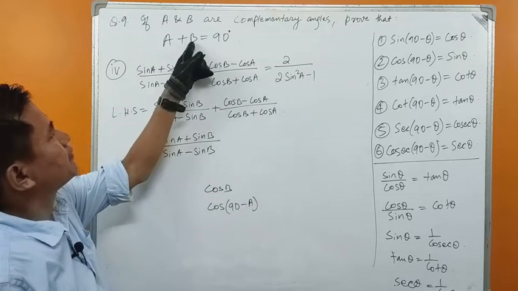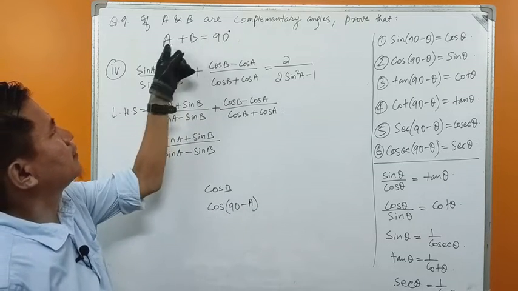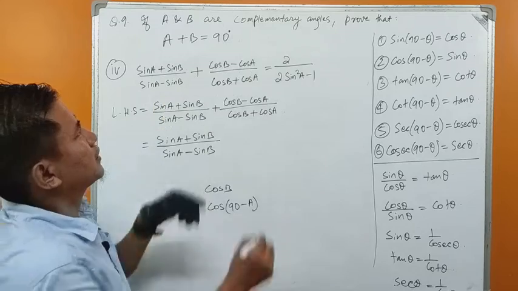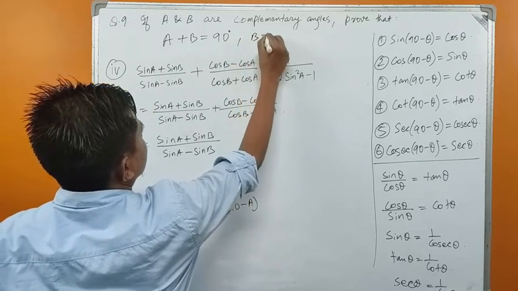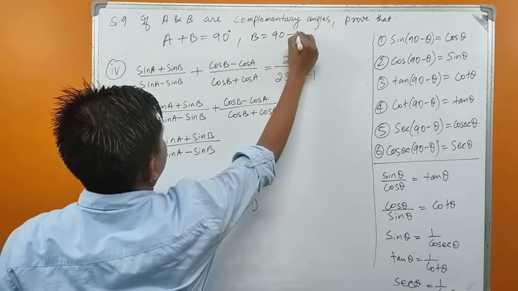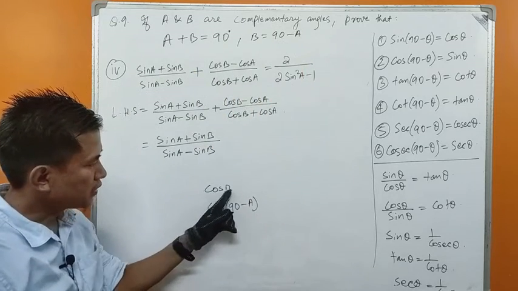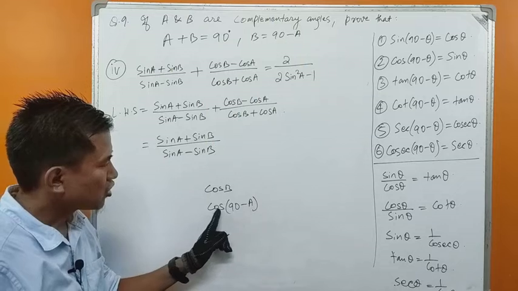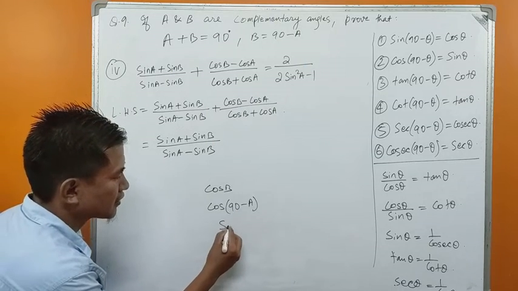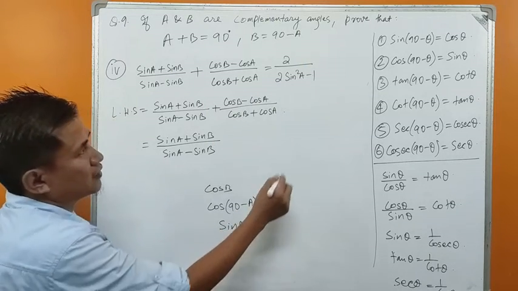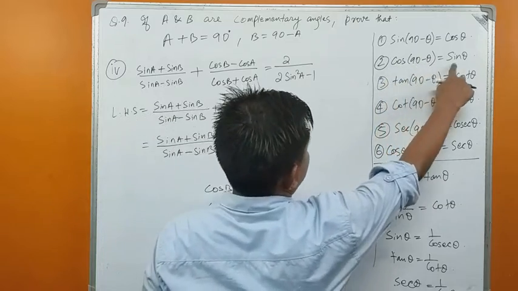B means 90 minus A. Plus A goes to the right hand side and becomes minus A, so B means 90 minus A. So cos B is cos 90 minus A. Cos 90 minus A is actually sin A.